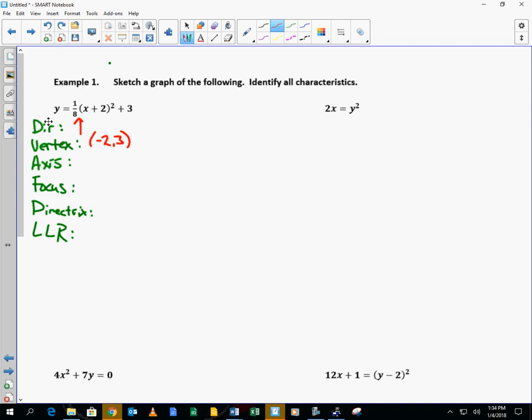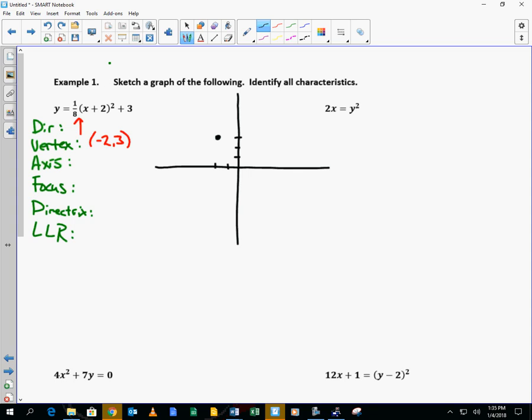Excellent question. There are two types of people. One type decides to list all of these and then graph it. The other graphs them as they list them. I do the second. It's much easier in my opinion. So once I get the vertex, I start plotting points. I have -2, 3. That's my vertex.